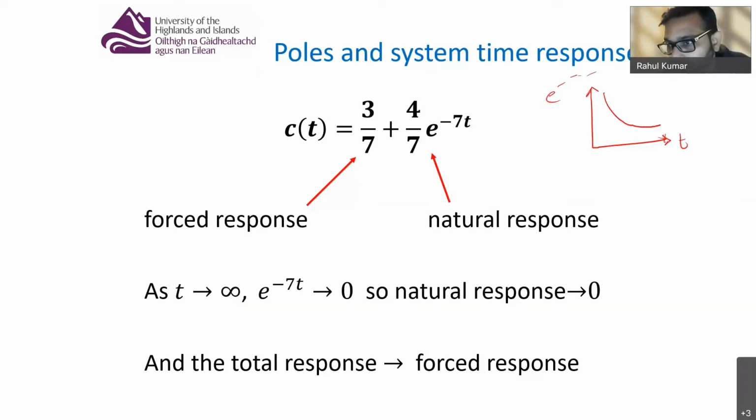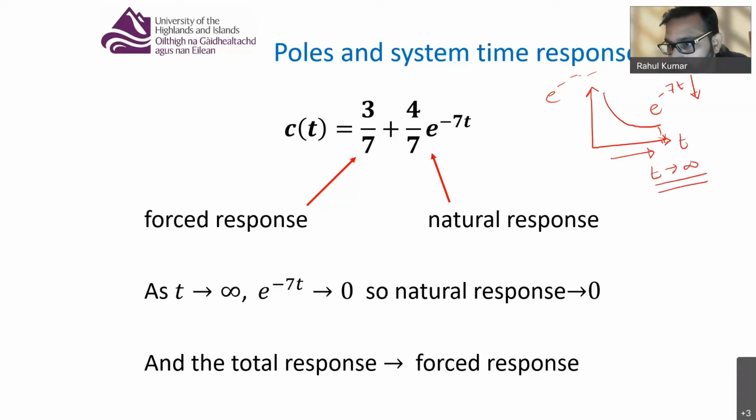As we progress in time, as t tends to infinity, the value of e to the power minus 7t keeps reducing exponentially.